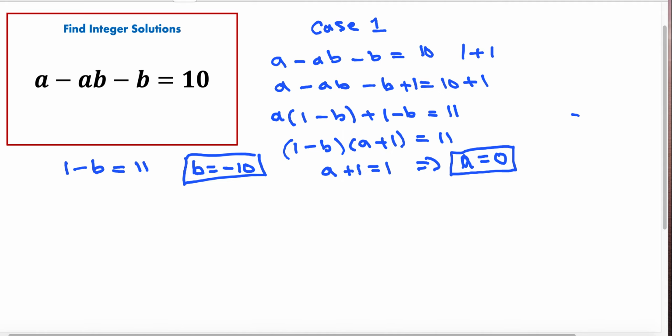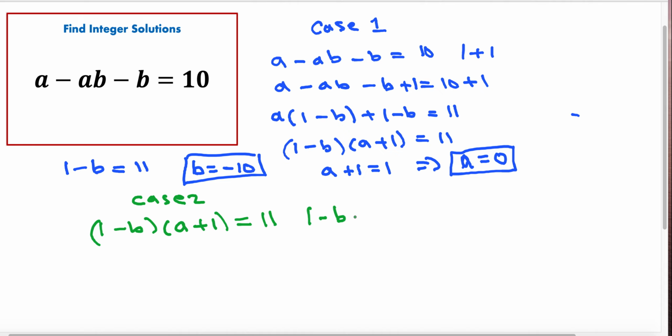Now in the second set of solutions, case 2, I'm taking these factors, 1 minus b times a plus 1, and I equate this with 11. But now, instead of taking 1 minus b equal with 11, I'm taking 1 minus b equal with 1.